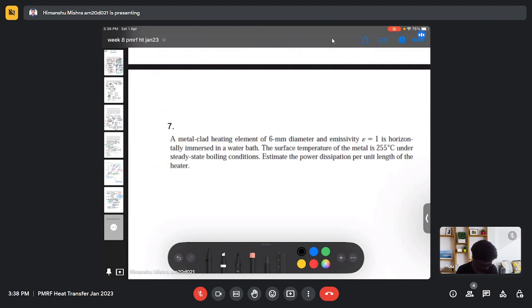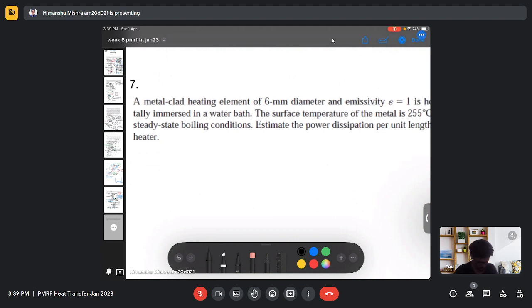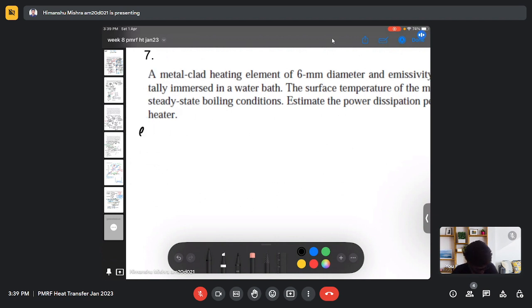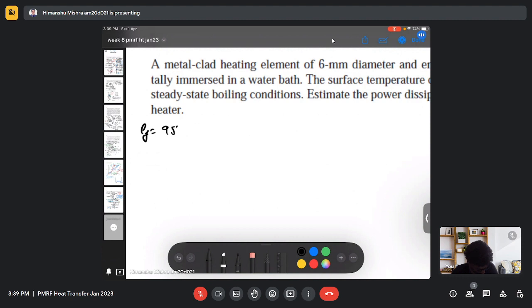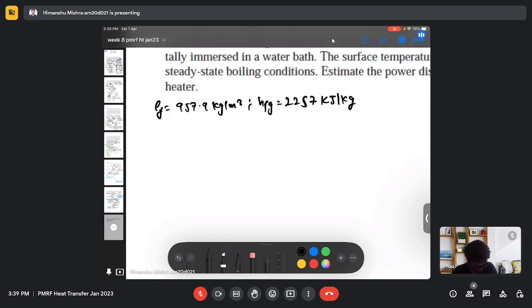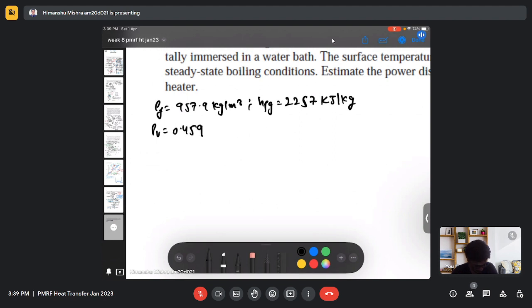So let me write down the properties again here. Density of fluid is 957.9 kg per meter cube. My latent heat is 2257 kilojoule per kg. My density of vapor is 0.459 kg per meter cube.